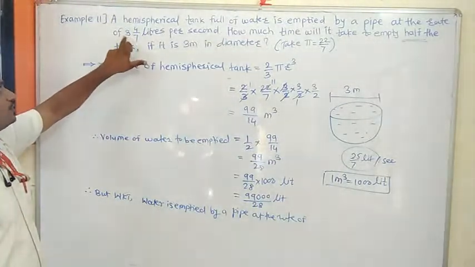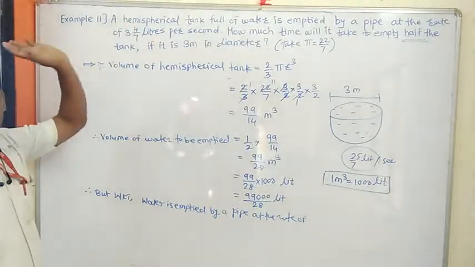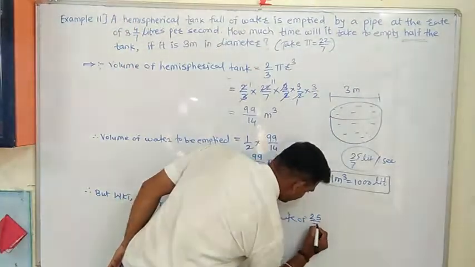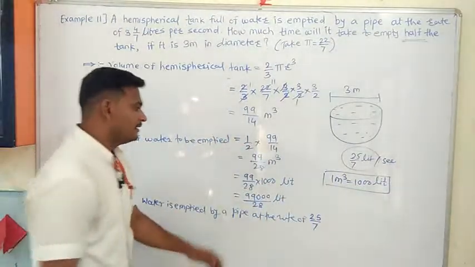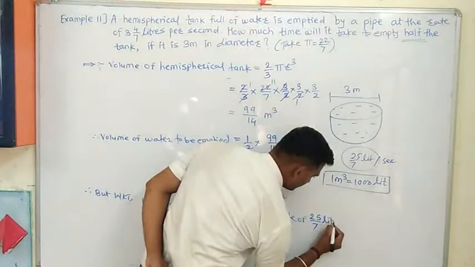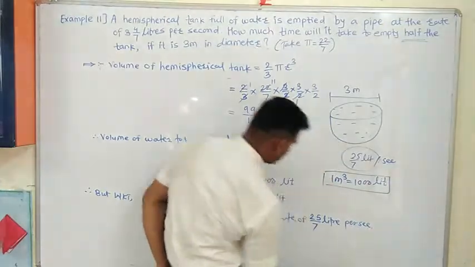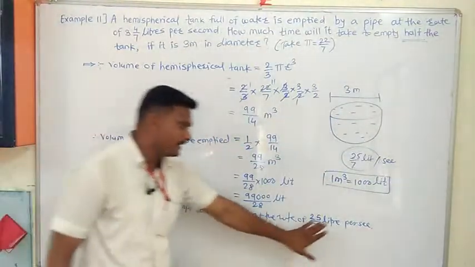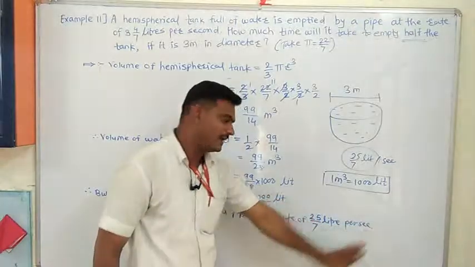That is, see here, 7 into 3, 21. 21 plus 4, 25 by 7. I will write directly 25 by 7 liter per second. See here, water is emptied by a pipe at the rate of 25 by 7 liter per second.